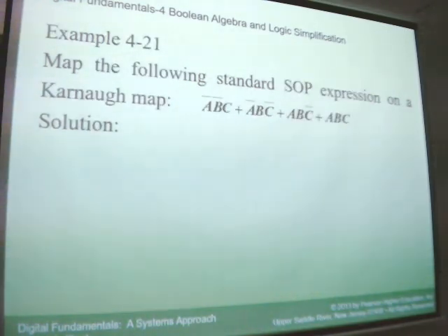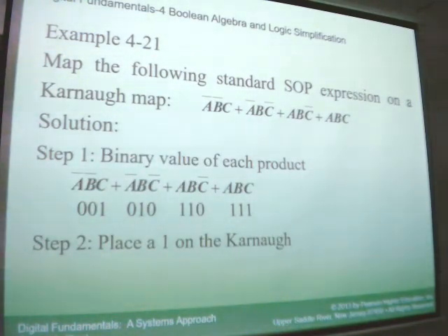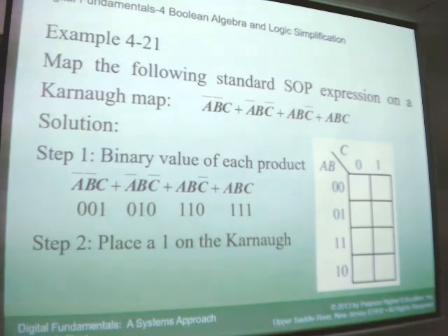So for this Boolean expression, we first write down the binary value of each product term: 001, 010, 110, 111, and then place 1 on the Karnaugh map for the corresponding cells.